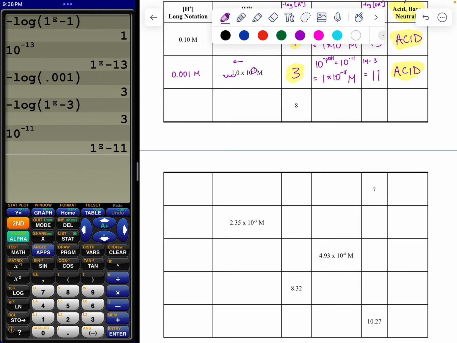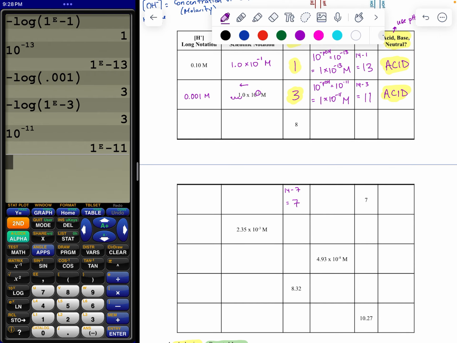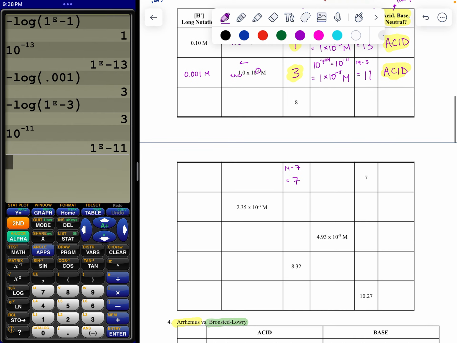So I see that I have a pOH value that I'm given, which means that I can find two things right away. I can find the pH value, because the pH value would just be 14 minus that, which is 7 as well. And then I can use the pH and the pOH values to figure out the individual concentrations of the hydrogen and hydroxide ions there.